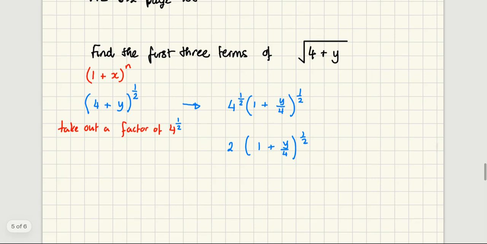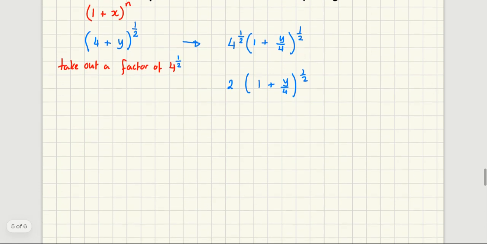So what we'll start with is 2, I'm going to put that on the outside. So what's the formula? It's going to start with 1 plus.